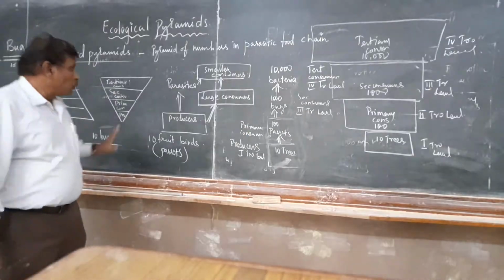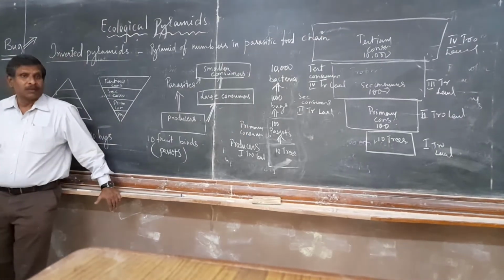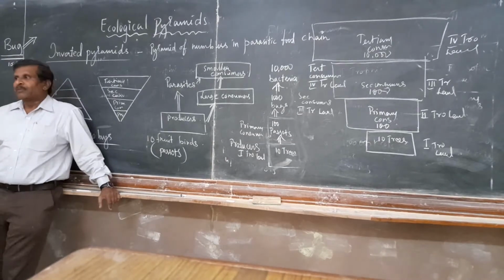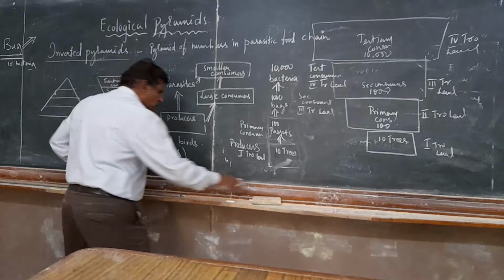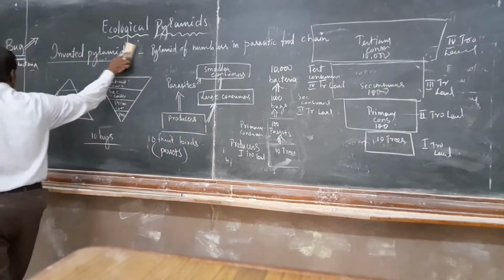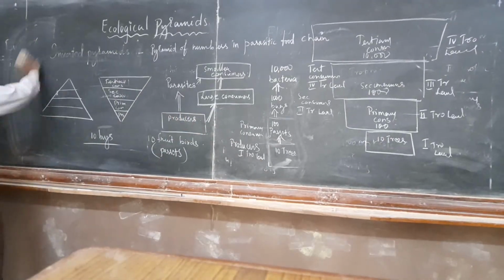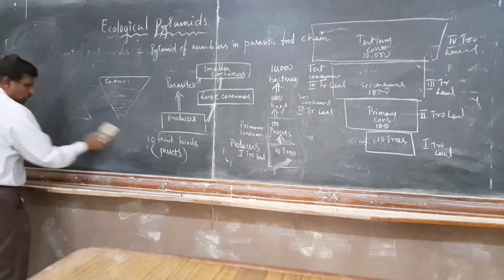Now, with this I completed ecological pyramids. And the last topic that has been left in this chapter, that is ecosystem, is biogeochemical cycles.